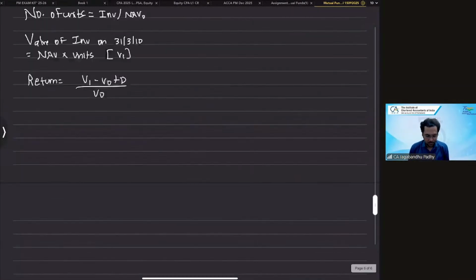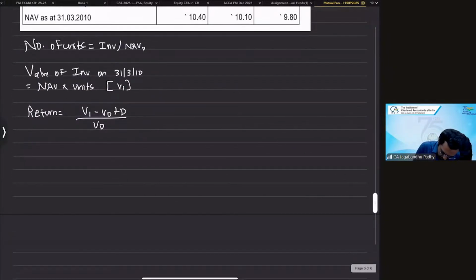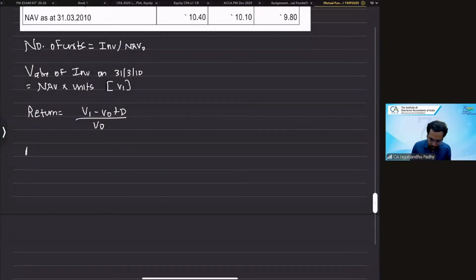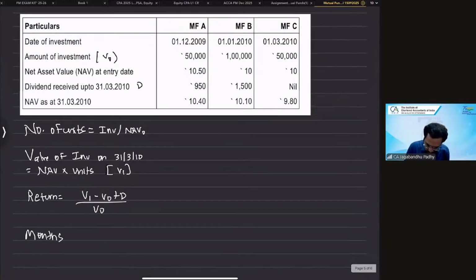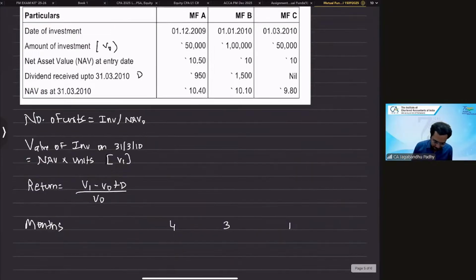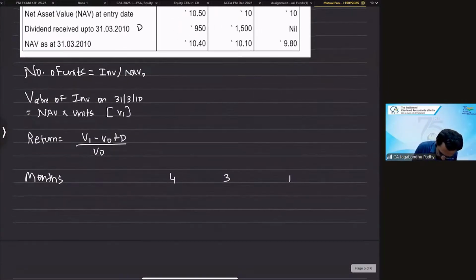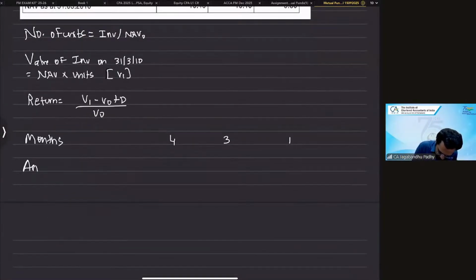Then we need to calculate the number of months also. In the first case, the number of months is 4, then it is 3, and here it is 1, and then we calculate the annualized yield.